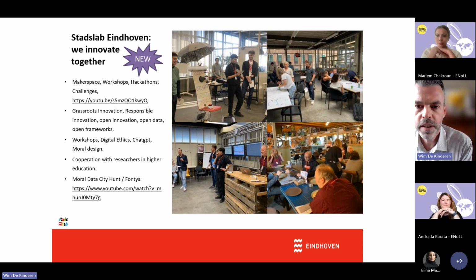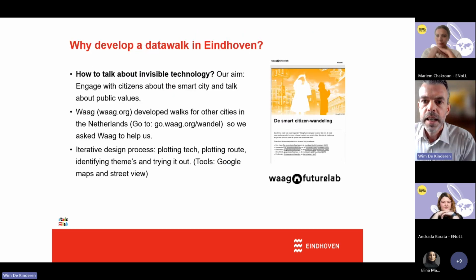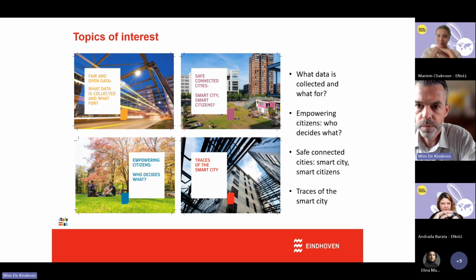We have a whole range of activities, very small scale to large scale, but we're testing a number of areas. And as said, ethics and really thinking about the use of technology in the city is a big concern. We have a separate commission within the city council who is thinking on the use of technology in the city. And this is something in which we really try to involve our citizens as well via the structure of the City Lab.